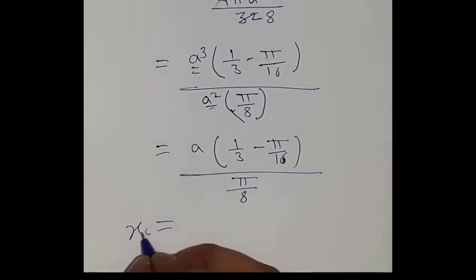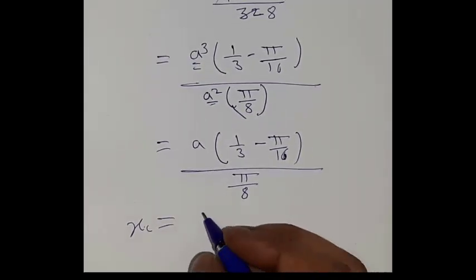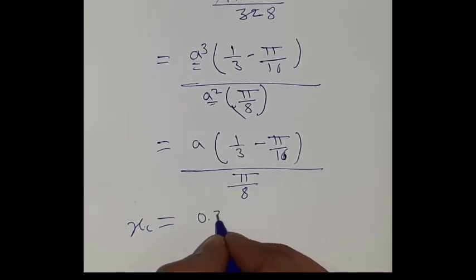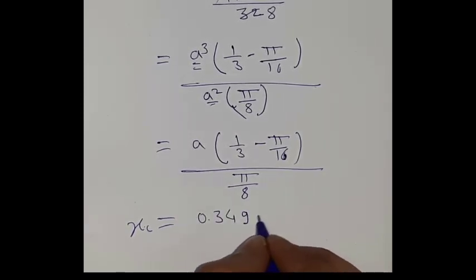The value of x, or xc, is equal to 0.349 times a.